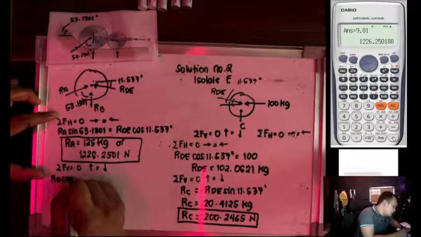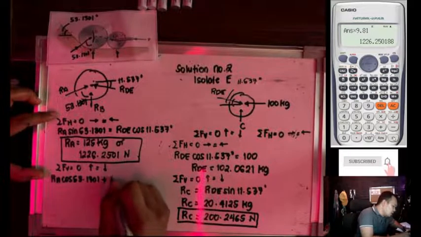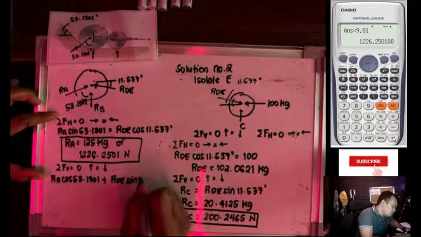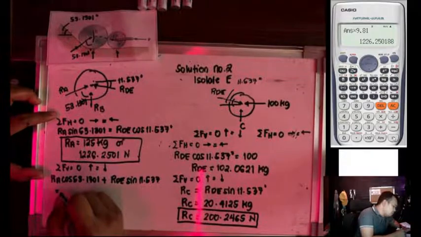cosine 53.1301 plus RDE sine 11.537 equals RB.